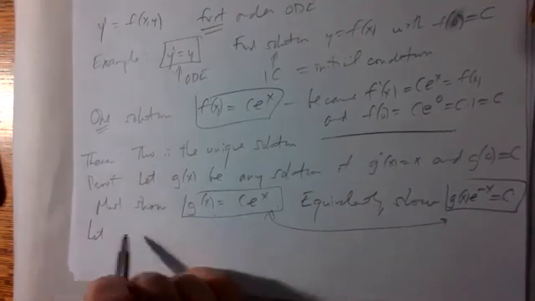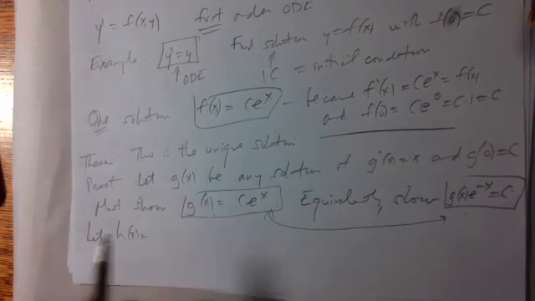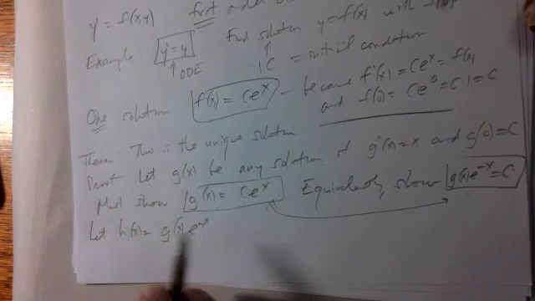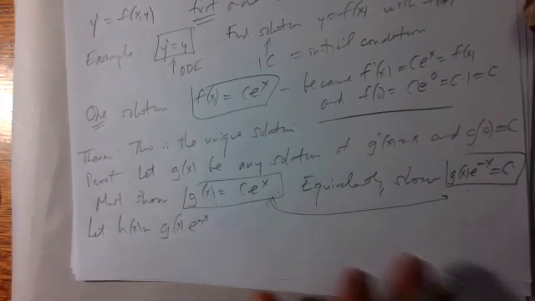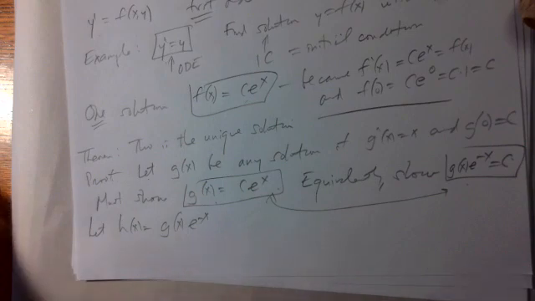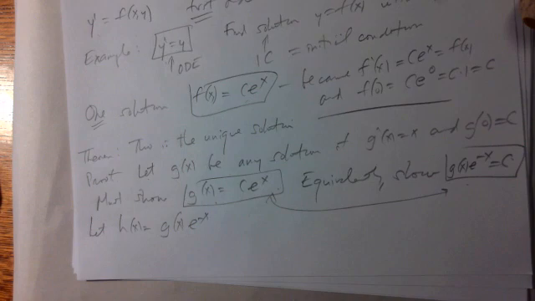So suppose we let h of x be equal to g of x e to the minus x. We want to show this is a constant. How do you show a function is a constant?